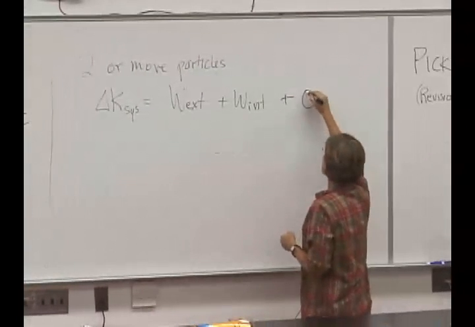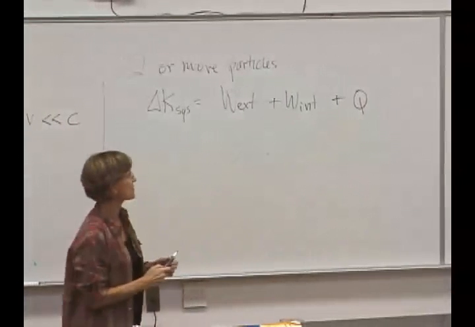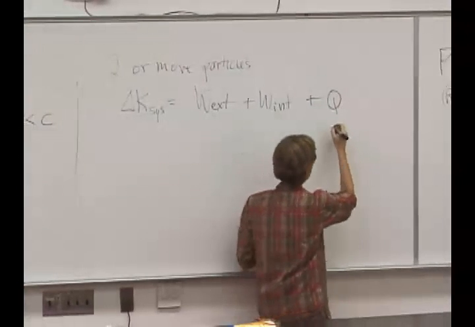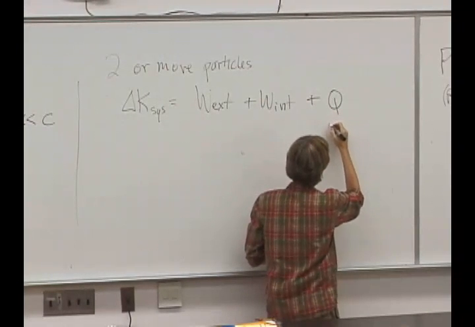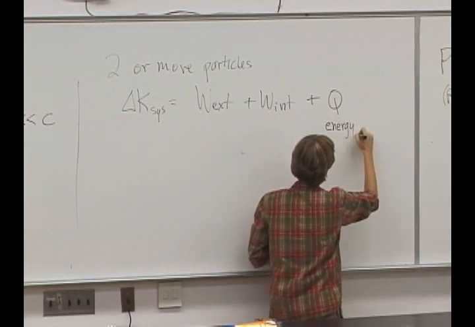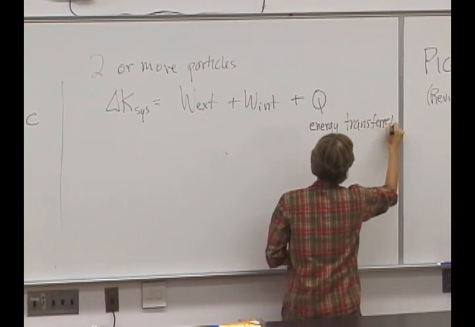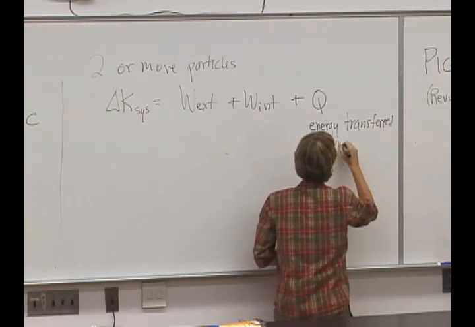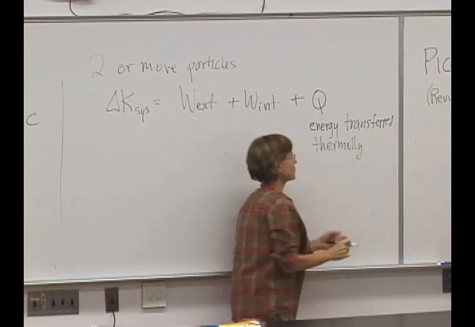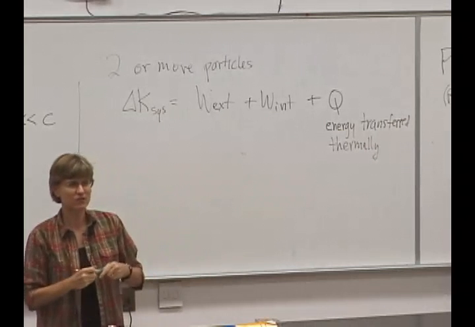And in a complicated system, there can also be energy transferred into the system thermally. This is called energy transferred thermally. And all that really means is there's a temperature difference between the system and its surroundings.